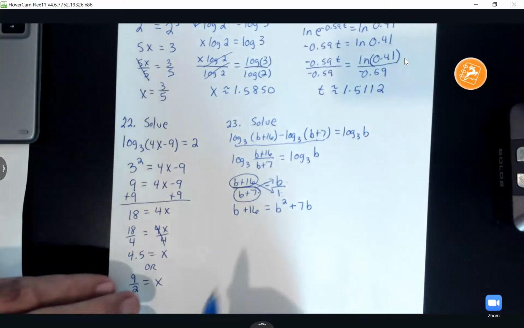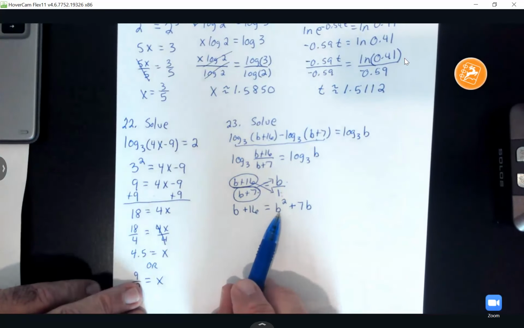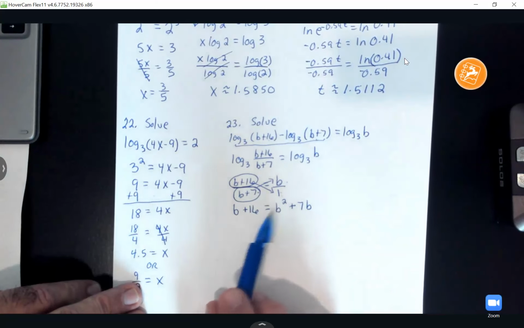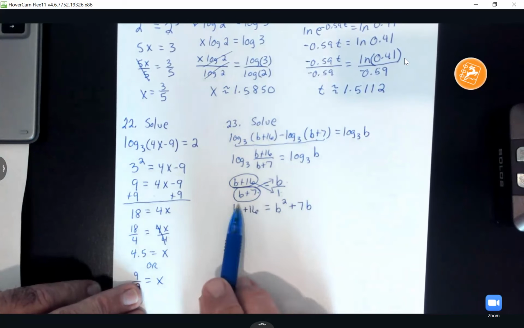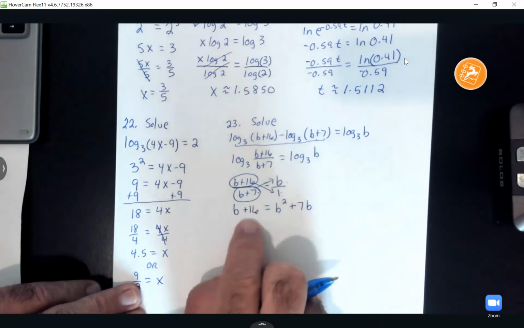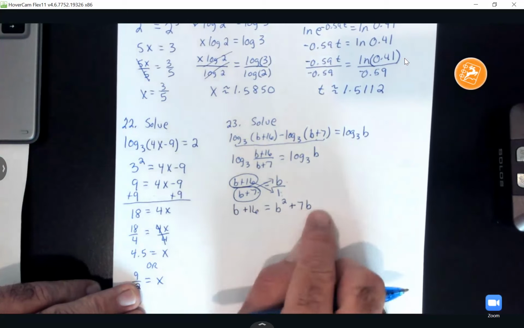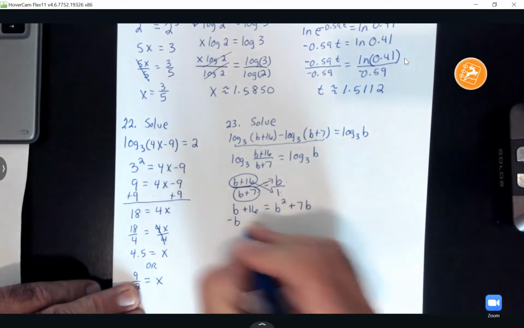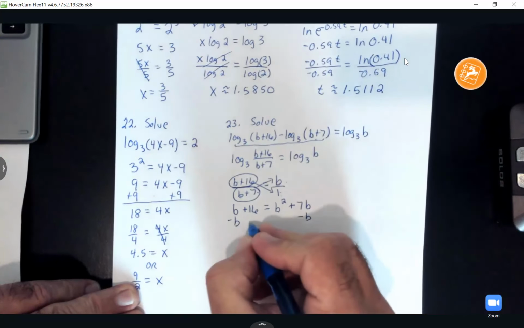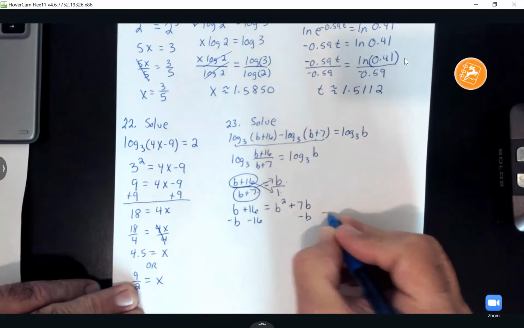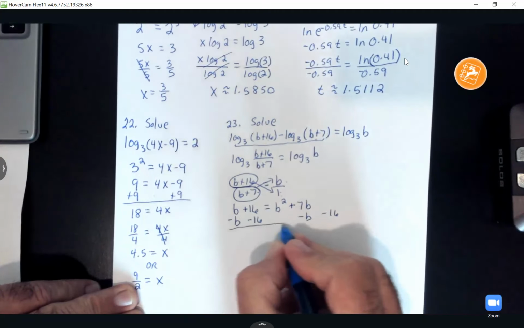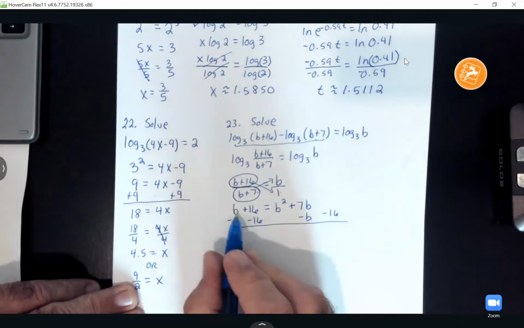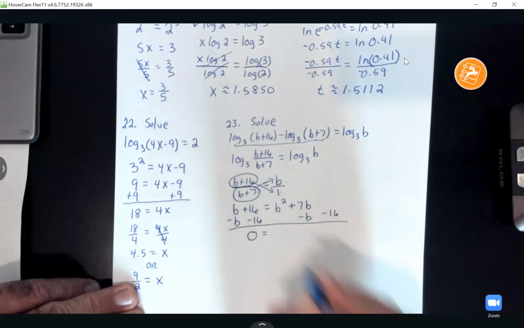So y'all, what you got to be thinking now is you got a b squared term on this. So the only way to solve these kind of equations with the b squared is get everything on one side equal to 0. So I'm going to make this side 0 because my b squared's over here, and I want to keep it positive. So what I'll do is I'll subtract the b from both sides, and I'll subtract 16 from both sides. That way, b minus b is 0, 16 minus 16 is 0. So the left side is just a big 0.